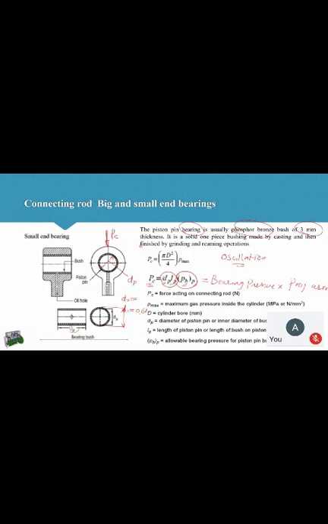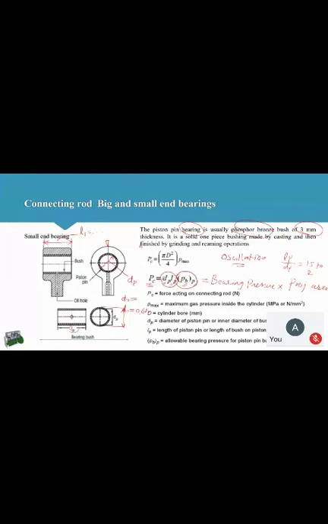Mind you, both are unknown, so there is an empirical relation: lp by dp should be equal to 1.5 to 2 times, because here you have a considerable length of this small end of the connecting rod bearing against the pin. So this is basically the length, which is equal to, you remember we took it as 0.45 times d in the previous discussion.